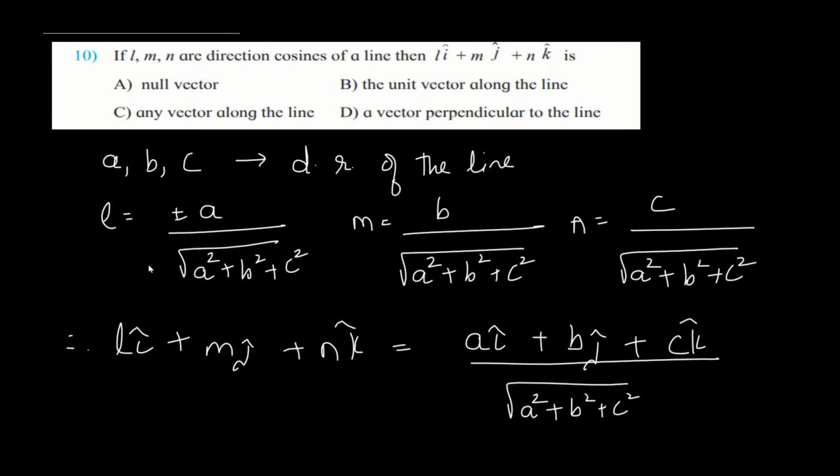And this, as we have seen earlier in the theory part of the lesson, represents a unit vector along the line. And therefore, our answer, that is Li plus Mj plus Nk, is a unit vector along the line. So this MCQ can be solved if we know the theory properly. So this becomes the correct answer over here.